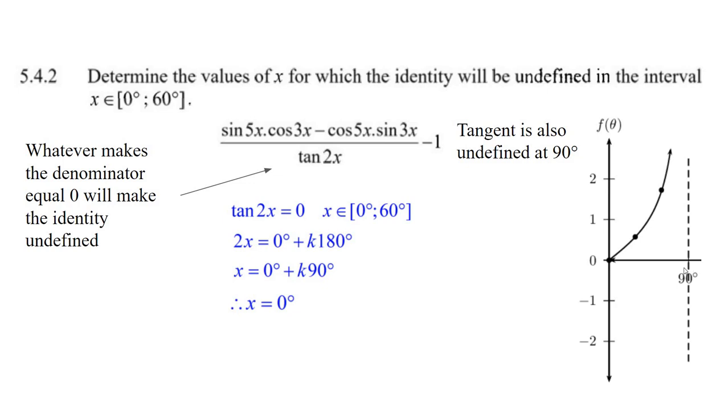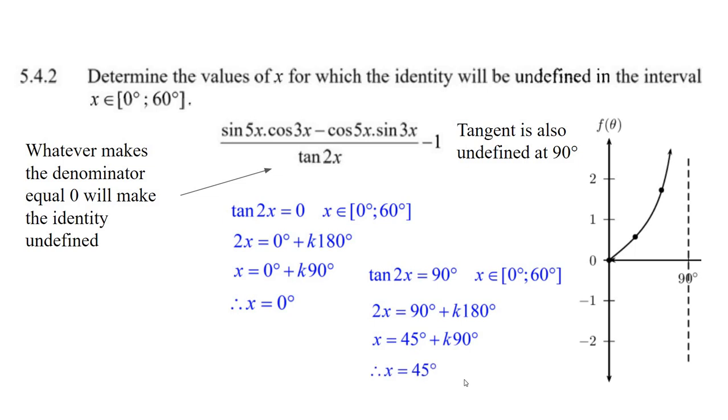So what does that mean? Then the tangent of 2x equals 90 degrees will be undefined. So that means that 2x equals 90 degrees plus k times 180, so x equals 45 degrees. So at 90 degrees and every 180 degrees, it'll be undefined, but 45 degrees will give you another answer where it's undefined.